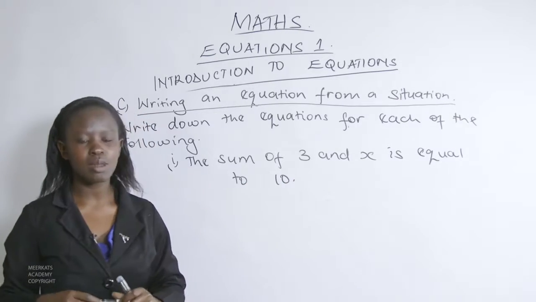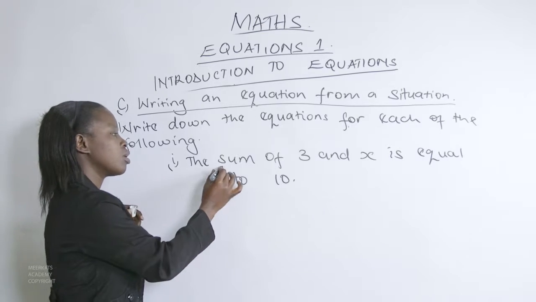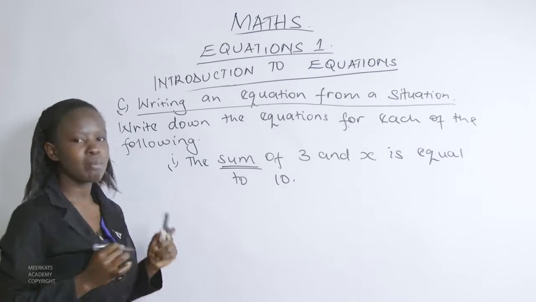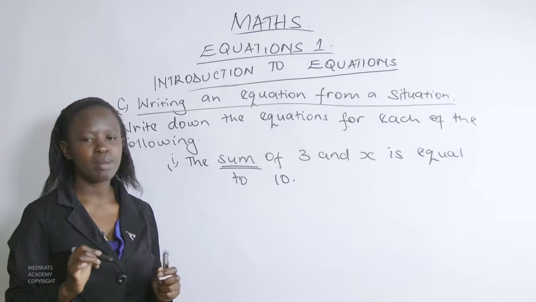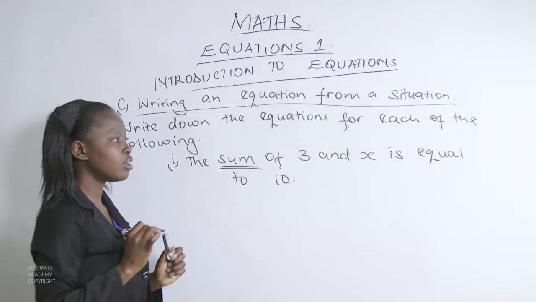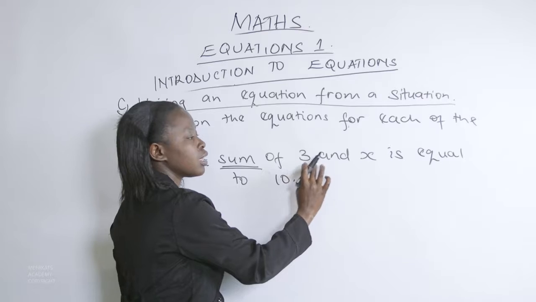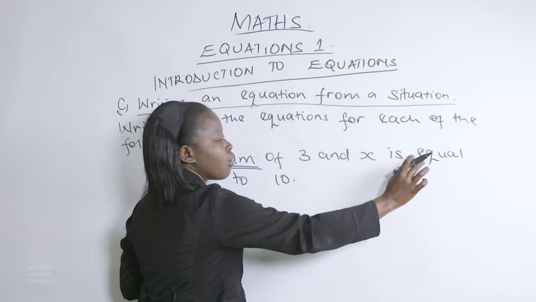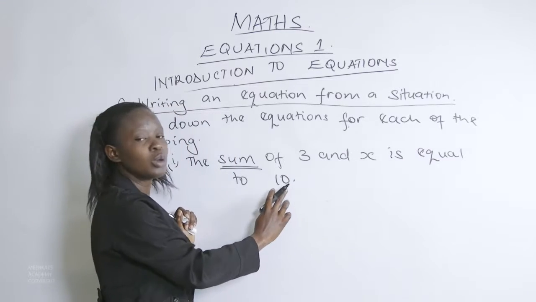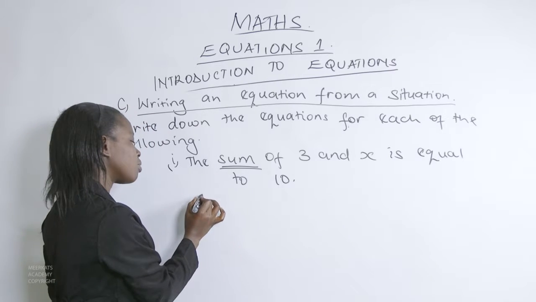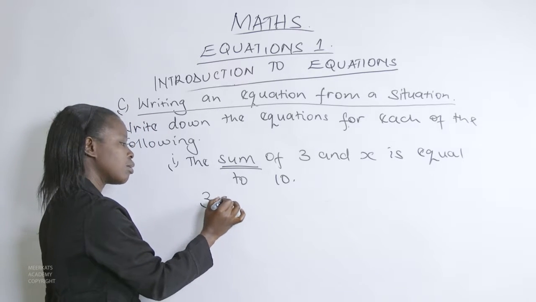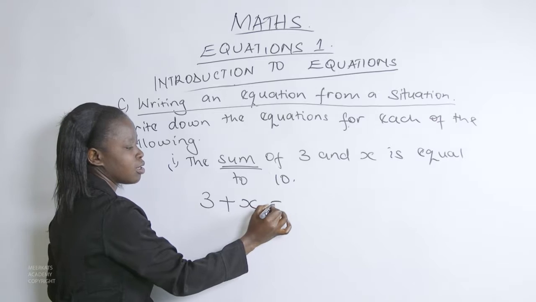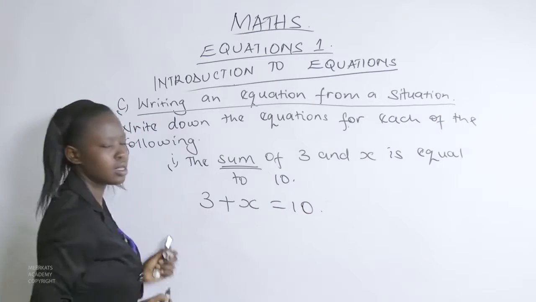What do we mean by the term sum? When we are talking about sum, it simply means addition. So if we add 3 and x, then our value is equal to 10. So the equation will be 3 plus x is equal to 10.